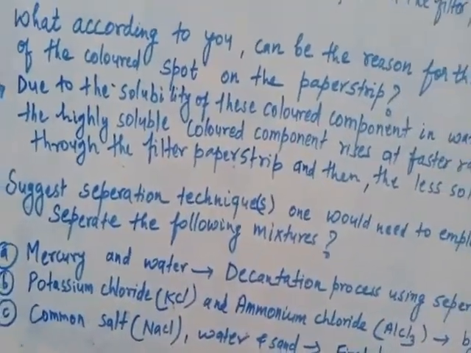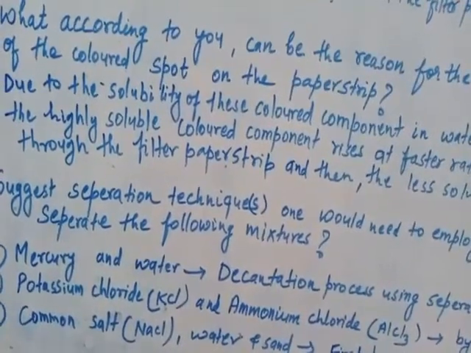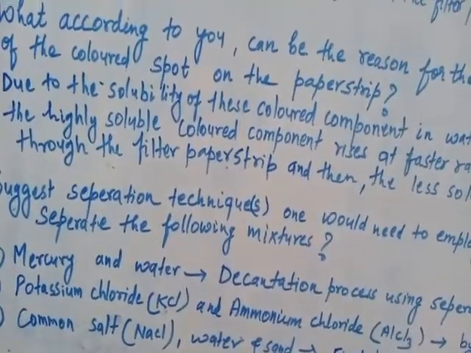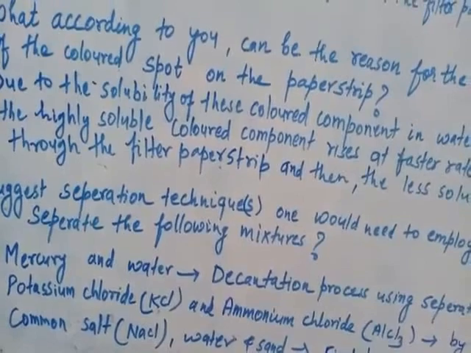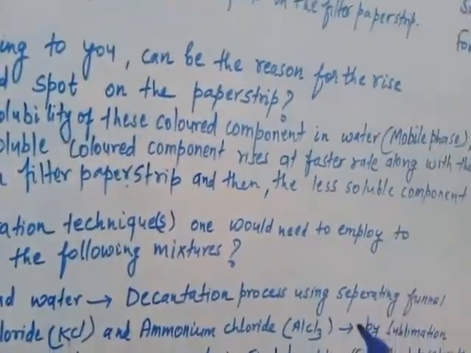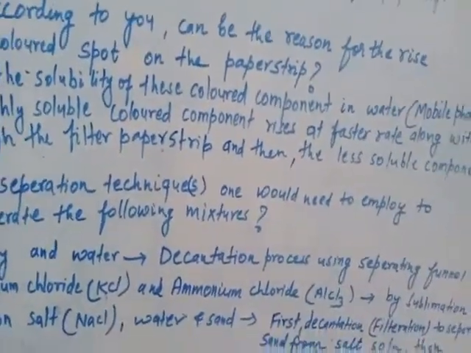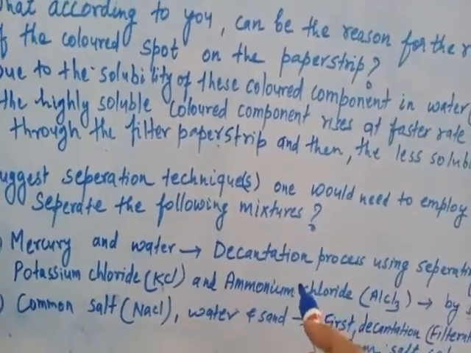First, I see mercury and water. You know that mercury and water are liquids which are called immiscible liquids. Immiscible liquids can be separated by using a separating funnel. So in the separating funnel, what is happening? The decantation process is happening, no?